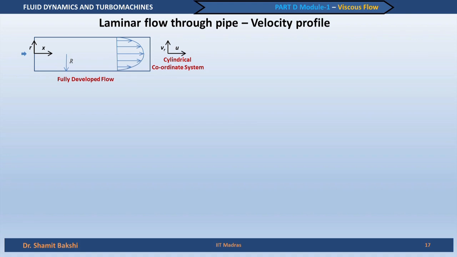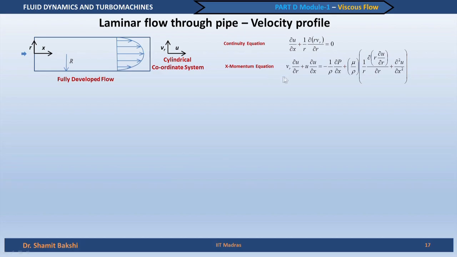In the case of a cylindrical system it will be different. So, the equations will be different and we have not derived that, but we will use it for this particular case. So, the continuity equation is something like this and the x momentum equation is something like this.